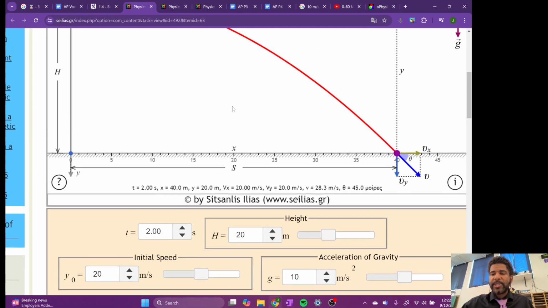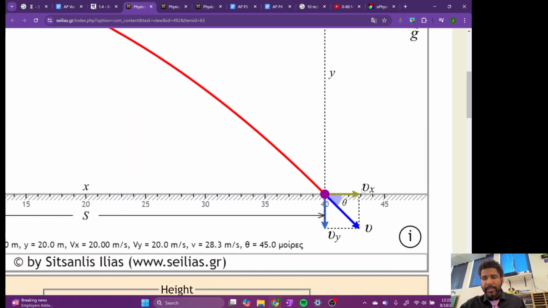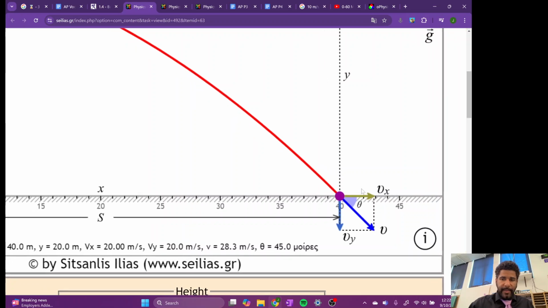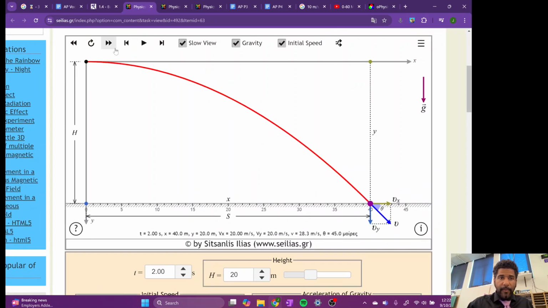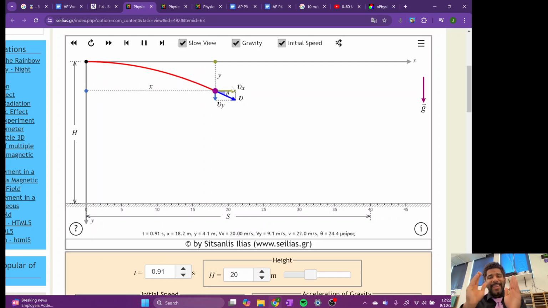So what I'm trying to show you with that is that x and y, when we are considering the components, operate independently. Although the velocity over time will be increasing, it will be changing. As you can see, this v over here is going to be increasing because Vy is increasing. Vx is staying the same.